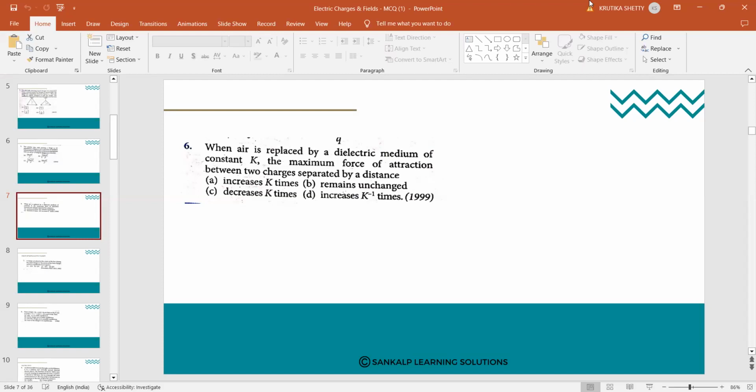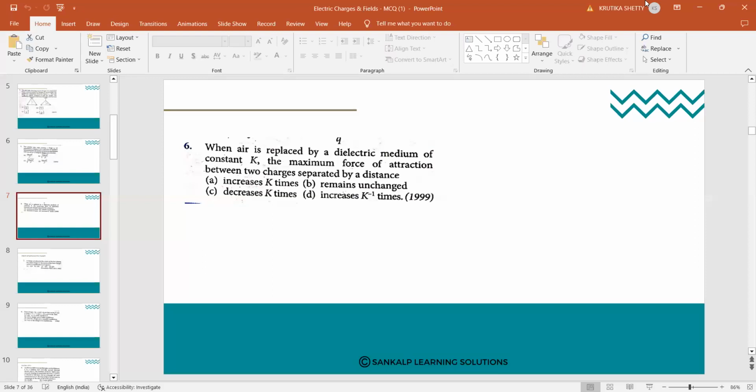What happens to the force? It increases by K times, remains unchanged, decreases K times, increases K to the power of minus 1 times. So what happens to the force when between the charges you are placing some dielectric medium?